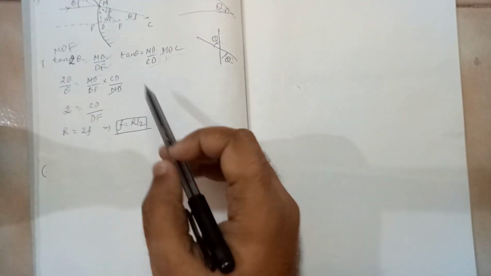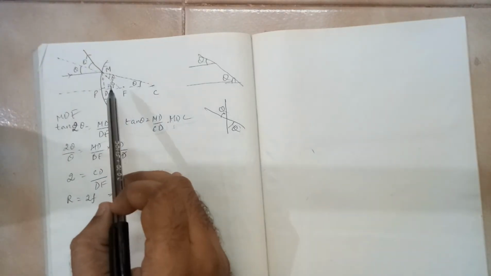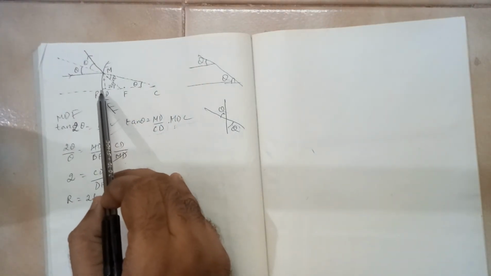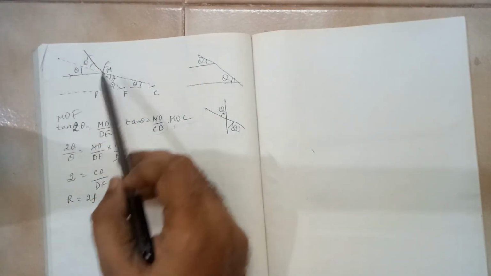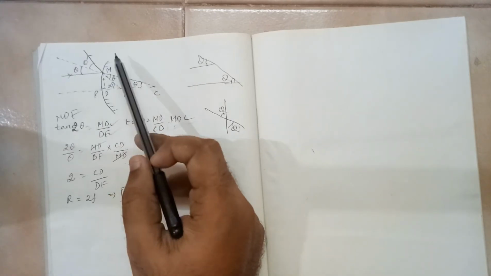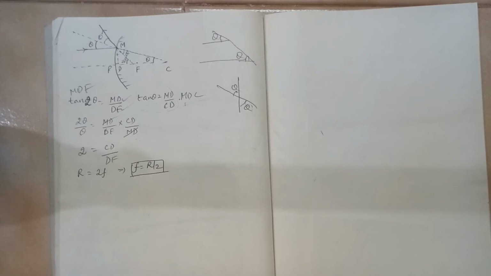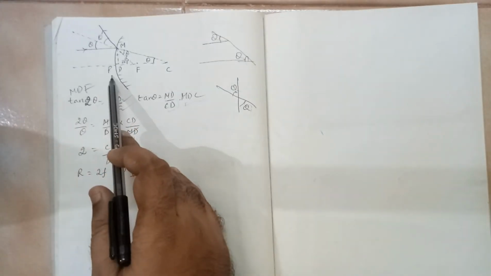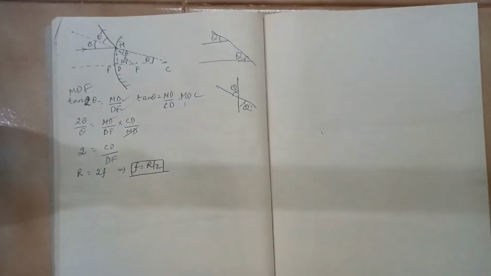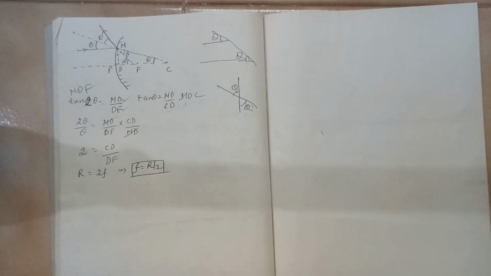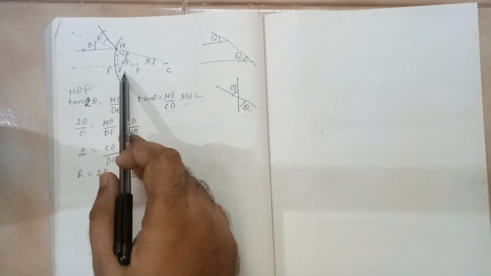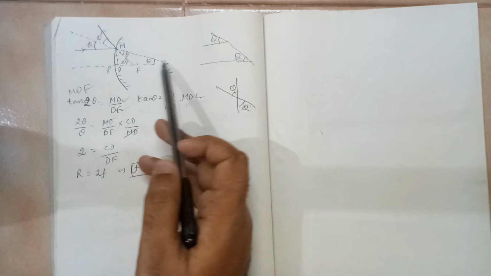So here also this D point will be very close to P when the aperture is very small. When it is very small, this D point will be very close to P. So DF will be like PF only.